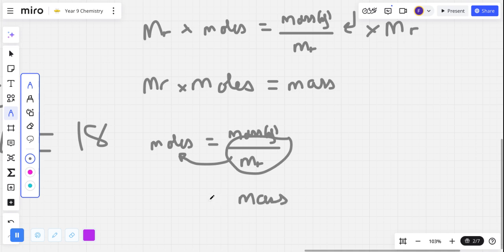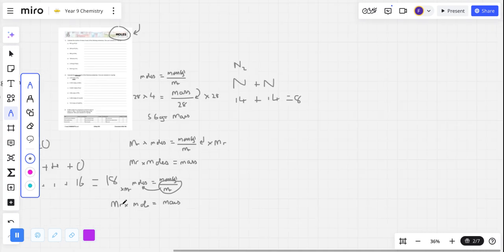If it's a divide, it becomes a times. If it's a times, it becomes a divide. If it's a takeaway, it becomes an add. If it's an add, it becomes a minus. So I take it over there, it becomes times MR, moles. So it's moles times MR. Moles times MR. So that is everything you need to know for today.